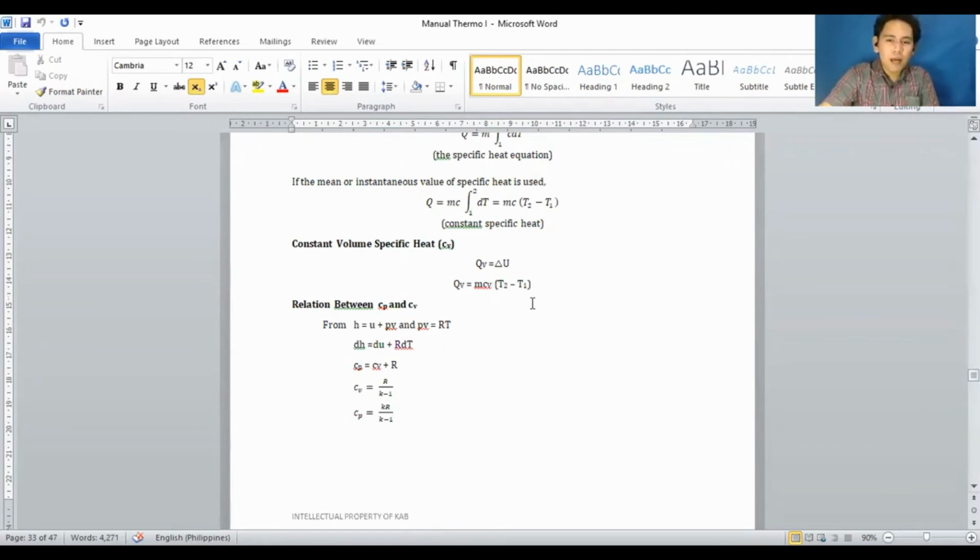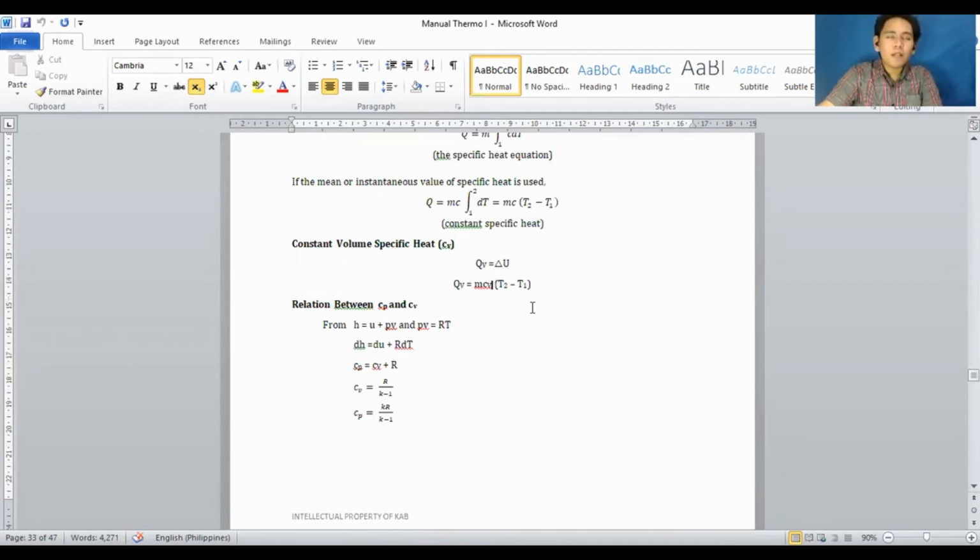CV and CP are different. Its values should not be part of the problem, but you have to memorize them, because there are certain problems that don't give the values for CP and CV, but there are certain problems that will.